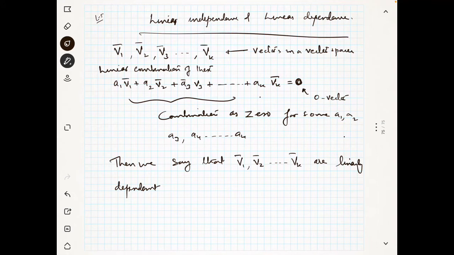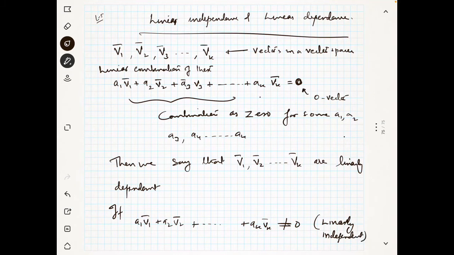That means if I can make the linear combination equal to 0 for some constants a1, a2, a3, then we say they are linearly dependent. Else, if a1 v1 plus a2 v2 plus up to ak vk cannot be made 0, then they are linearly independent.